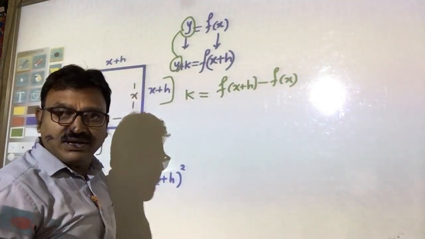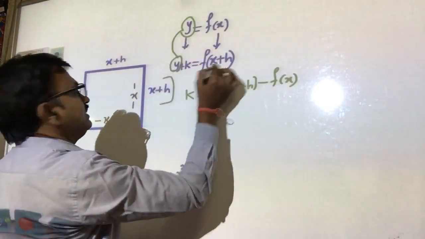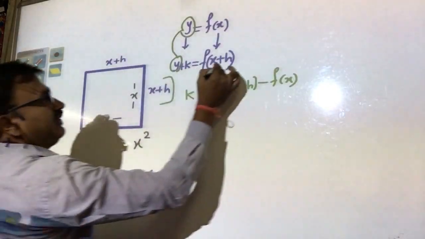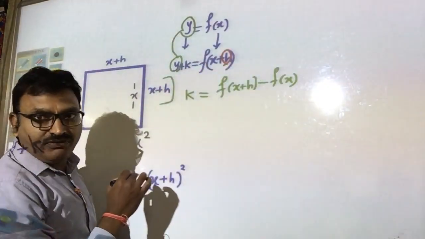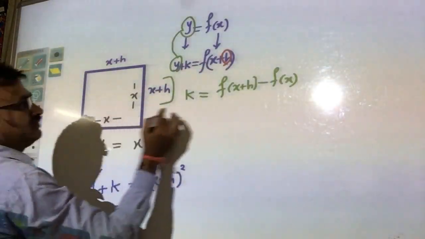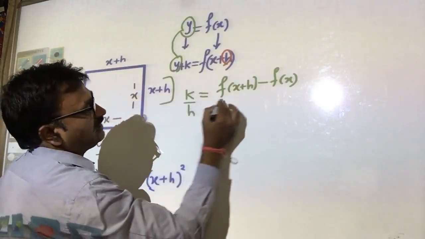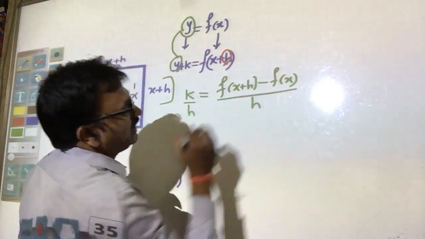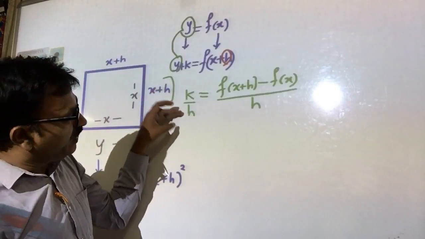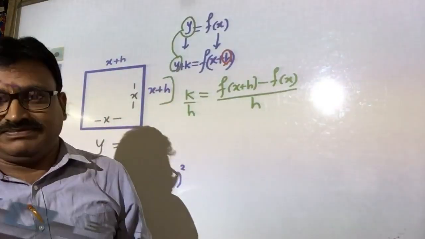Is it clear? Now h is the changing value in x, so if we divide both sides by h, then this is the ratio of differences.